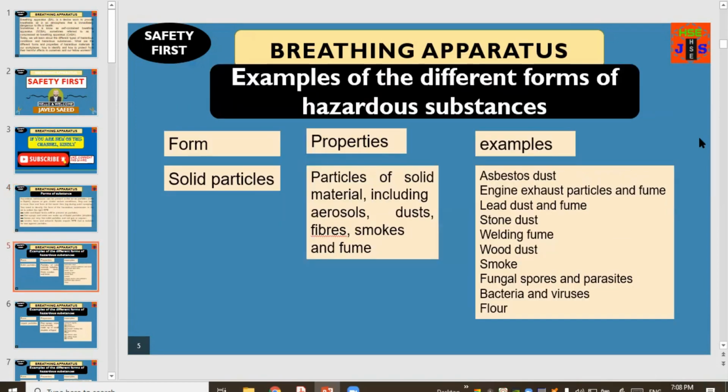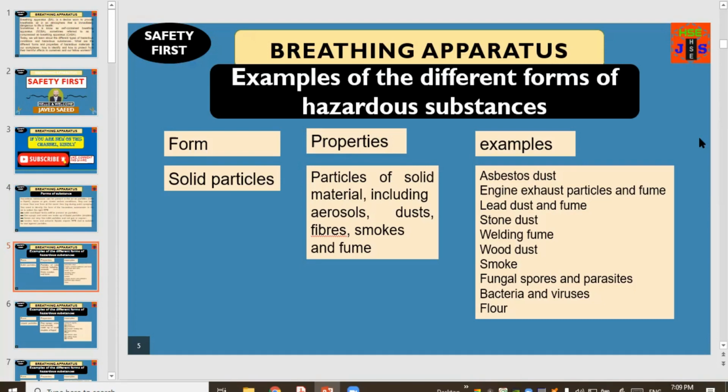Let us discuss now the different forms of hazardous substances, their properties with examples. Hazardous substance might be in the form of solid particles, particles of solid material, including aerosols, dust, fibers, smokes, and fume.